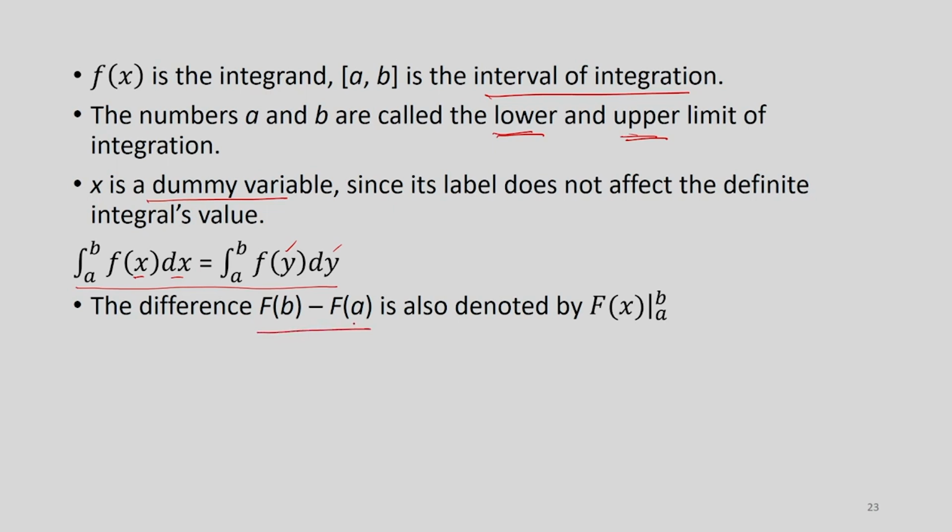What is the value of the definite integral? It is capital F b minus capital F a. It is also denoted in short by capital F x from a to b. So, here a and b denote the lower limit and upper limit.